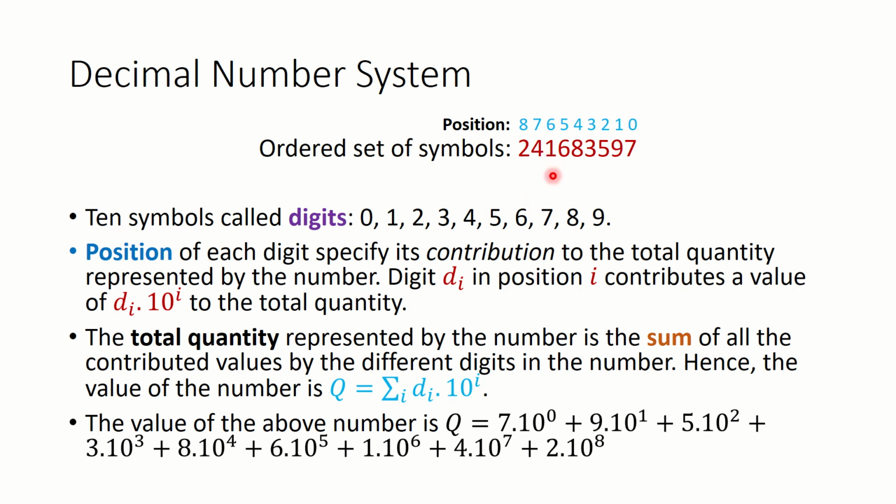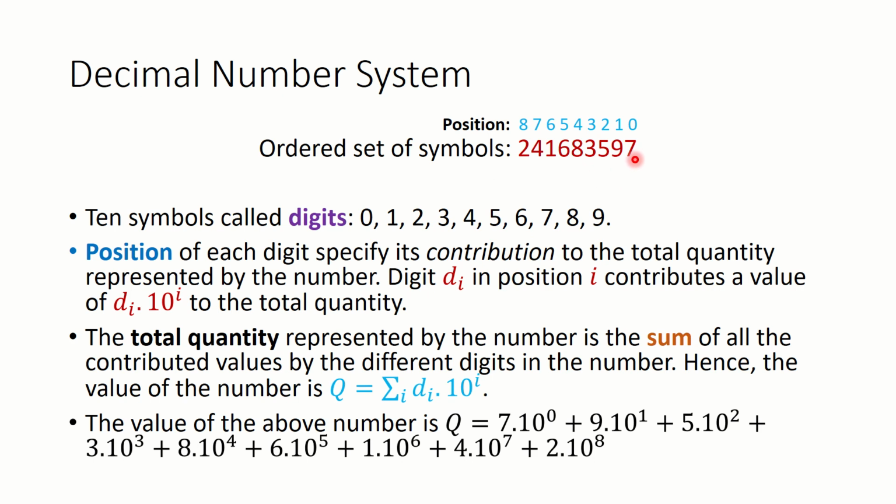Similarly, for 1 it is 1 into 10 to the power of 6. For 3 it is 3 into 10 to the power of 3, because it is occupying position 3. For 5 it is 5 into 10 to the power of 2. For this particular number, the contribution of each of these symbols is like this. So any digit you pick from this ordered set of symbols, you note its position number.